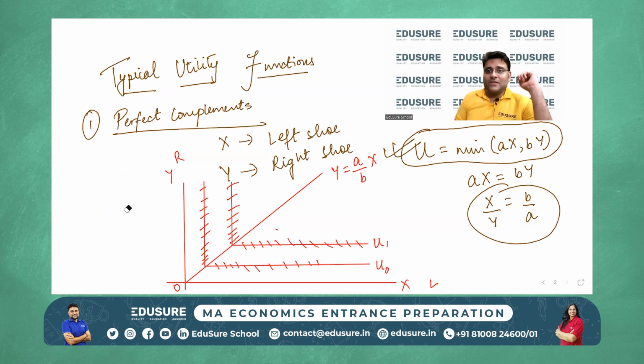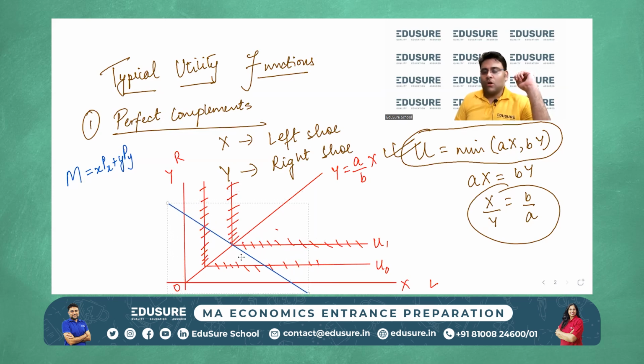Now, if I couple this with affordability, for example, if I consider the budget line as M is equal to X PX plus Y PY, which gives me a straight line downward sloping like this, no prizes for guessing where the optimal consumption of X and Y will be.